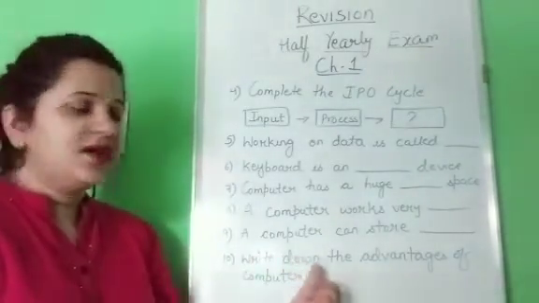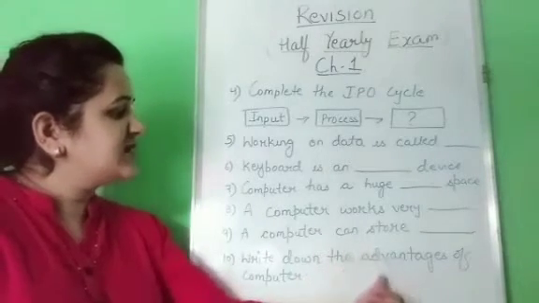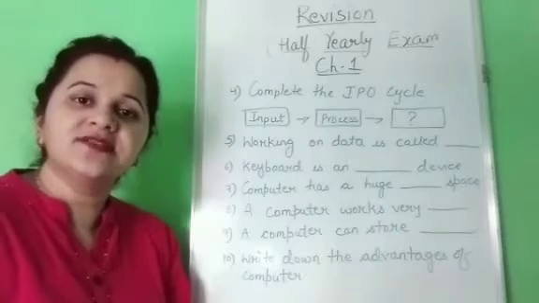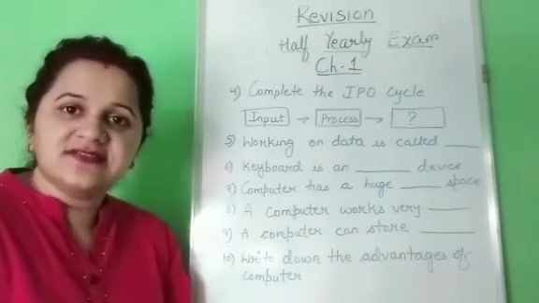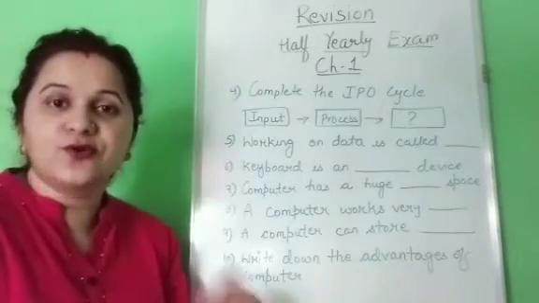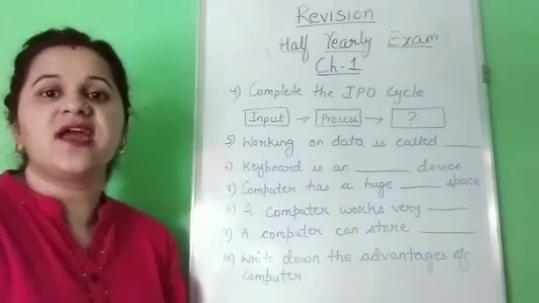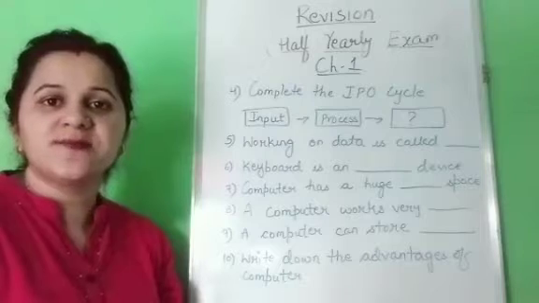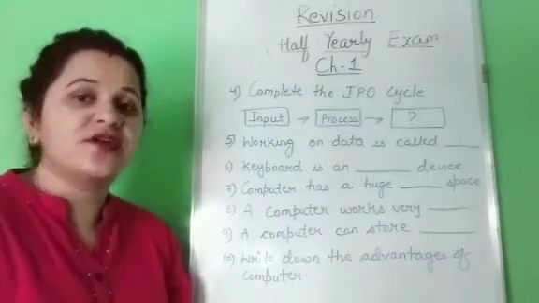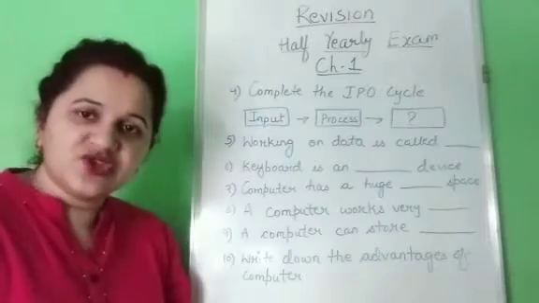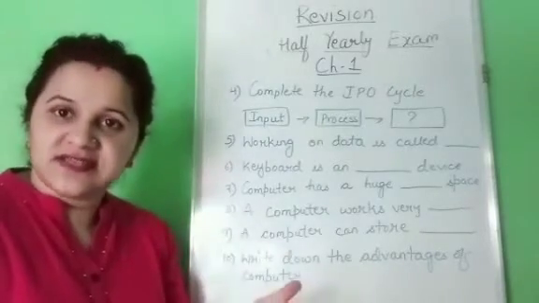Now come to the 10th question. Write down advantages of computer. Now children, what do you understand by the term advantages? Yes, the good side of a computer. We have studied about it already. Just recall it. Yes, very good. Speed, it has a high speed.